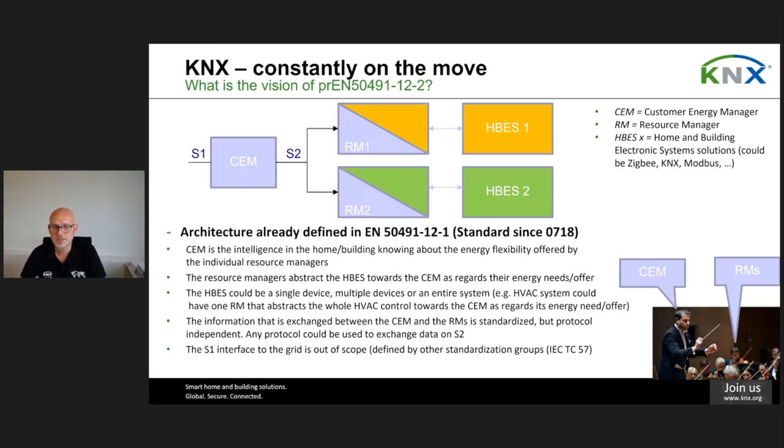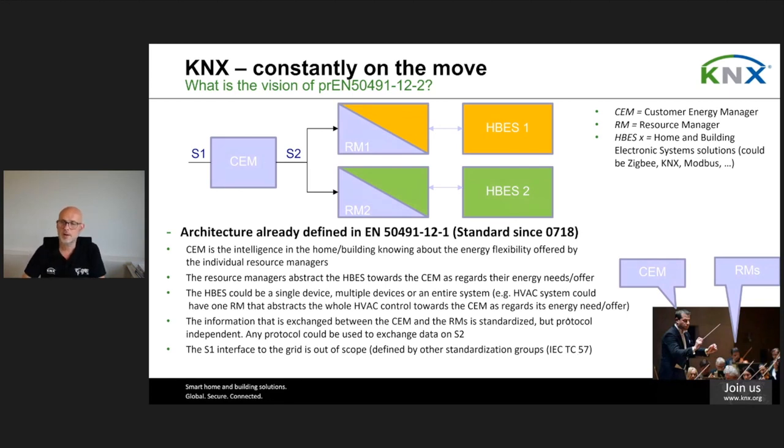You can use any type of protocol to exchange the data that is laid down for the S2 interface. The S1 interface, which is the connection of the customer energy manager with the grid, is out of scope because this is handled by another technical committee. This is the IEC TC 57.